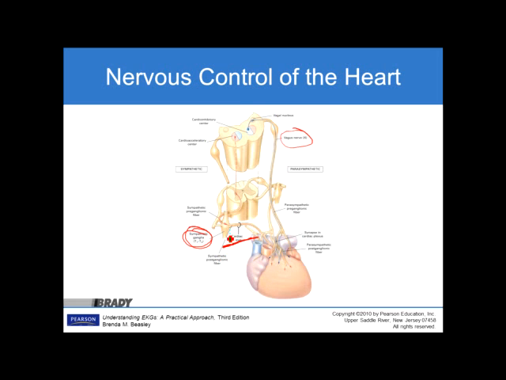So the sympathetic ganglia and the sympathetic innervation control essentially the rate and the speed, while the parasympathetic nervous system pretty much controls the brakes, or when to slow down the heart rate. So again, these things work just like a teeter-totter and oppose one another. We'll see this in a lot of examples as we continue.